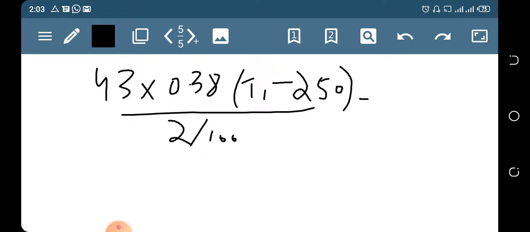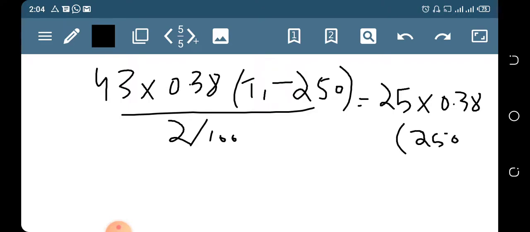The value of h is 25, multiplied by again 0.38, multiplied by 250 minus the surrounding temperature 20 degrees centigrade, and for the radiation they just give the value in terms of watt, that is 300.